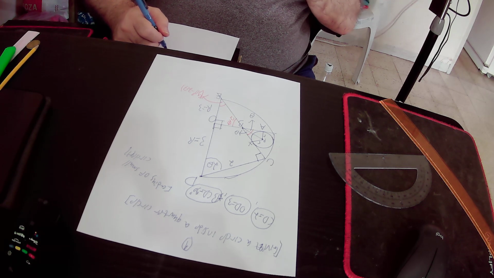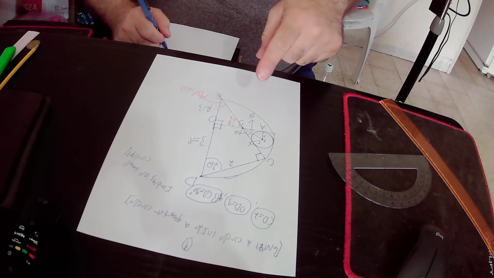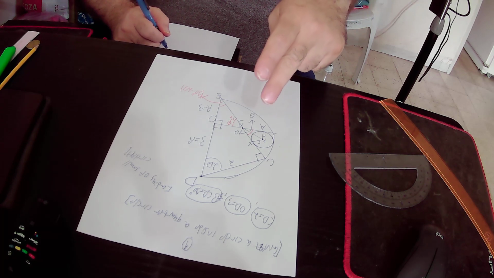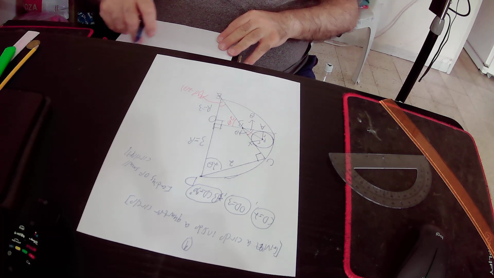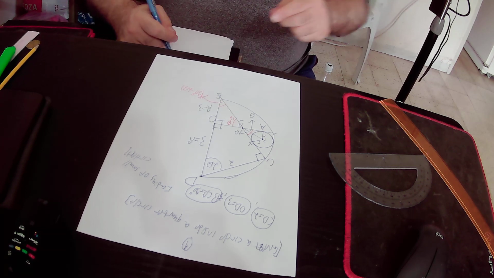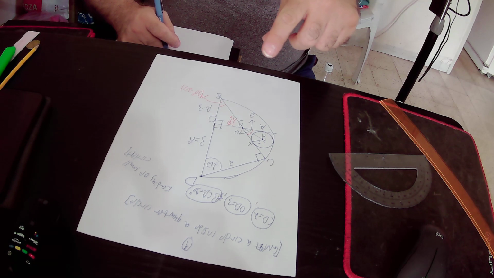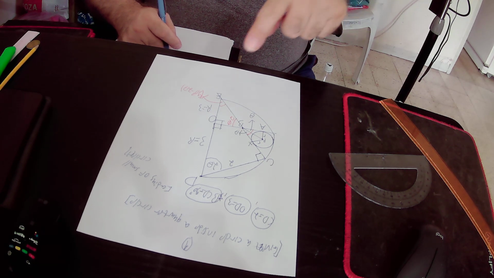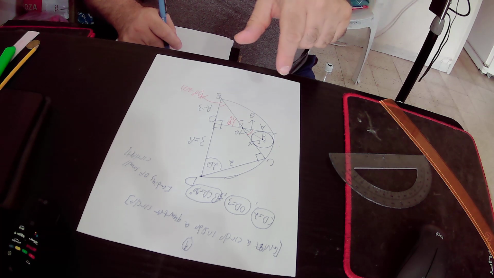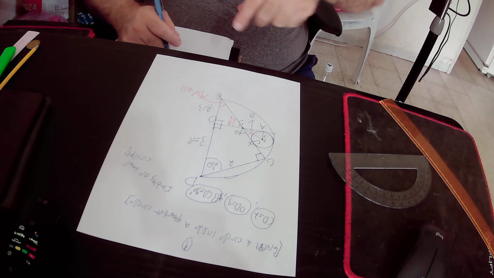But before that, we will implement the Pythagorean theorem on the right triangle, triangle CDE. According to the Pythagorean theorem, the square of the hypotenuse, that is actually DE square, equals the sum of the squares of the perpendiculars, that is CD square plus CE square.